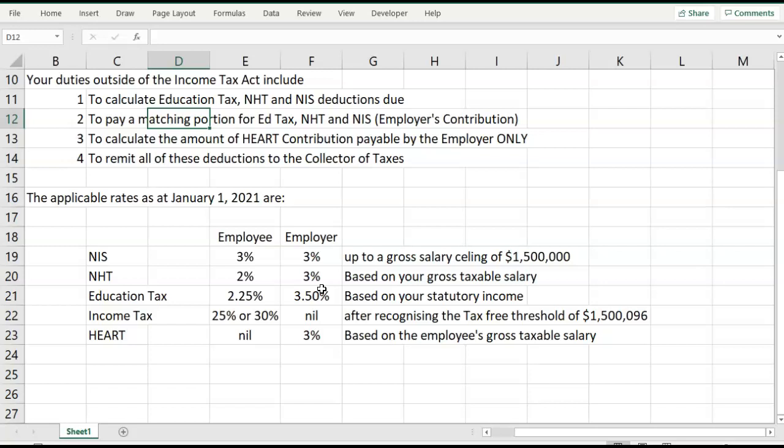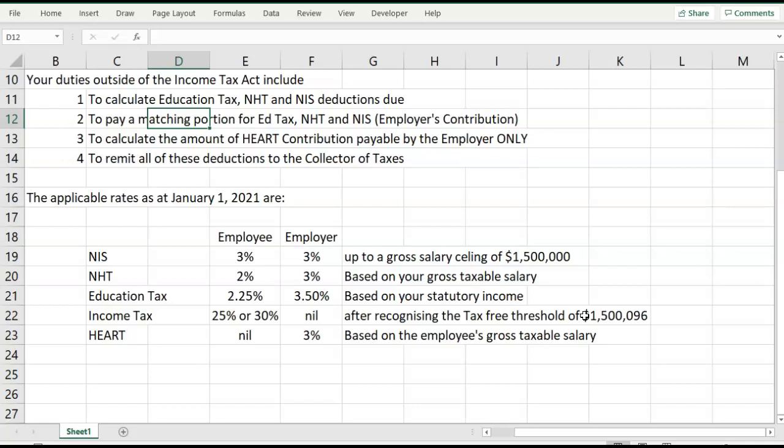For income tax, if you earn below $1,500,096, you do not pay any income tax. If you earn between that and $6 million for the year, then you will pay income tax at 25%.